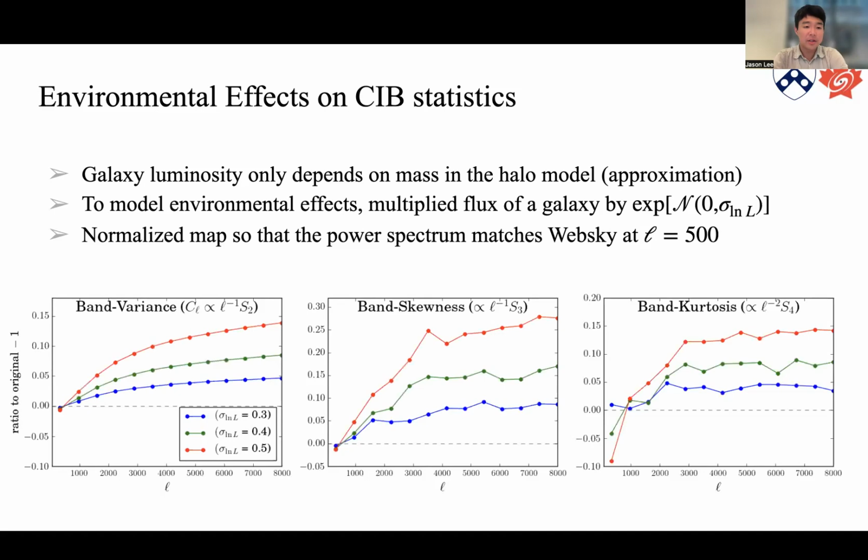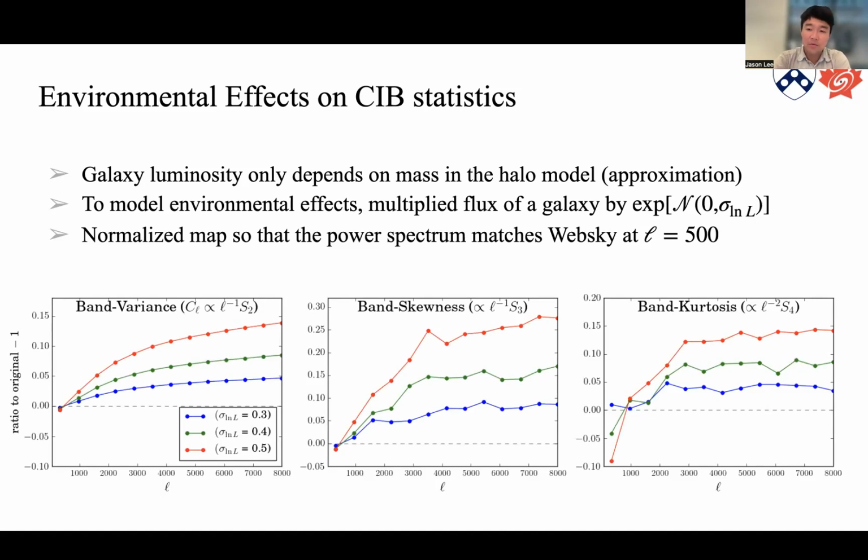Here are our results, and you can see that the 2-point and the 4-point statistics change slightly less compared to the 3-point. What we had initially hoped to do was to increase the 3-point spectrum at low enough L so that it matches that of the Planck values even better than before.